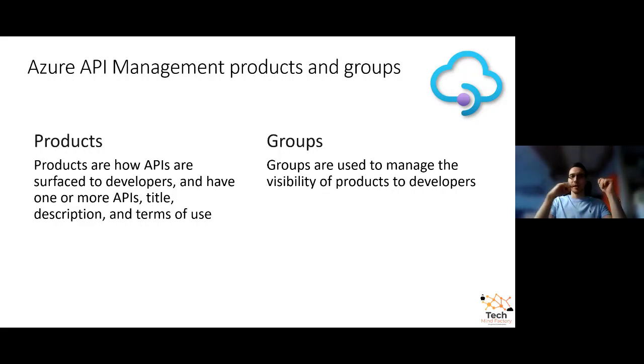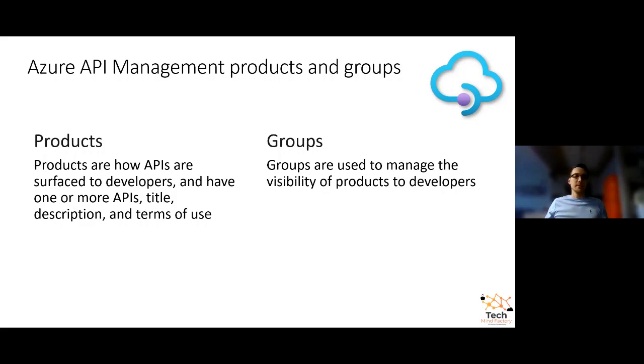So for instance, you can name the product unlimited, or you can call the product trial. And inside this trial product, for instance, you can provide access to different APIs and you can apply different policies. And you can say that with the trial product, developers can use this API, but there is a quota limit.